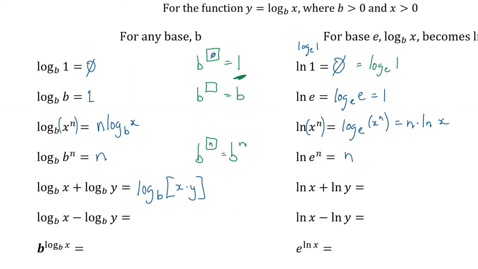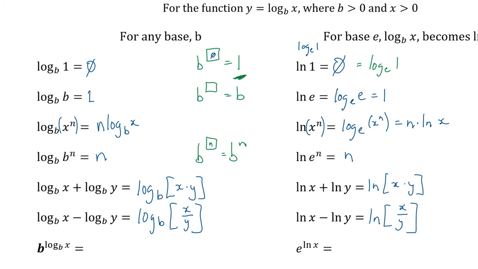And if I'm subtracting, then I get log base b of x divided by y, right? Same thing over here, ln of x plus ln of y is equal to ln of x times y. And ln of x minus ln of y is equal to ln of x divided by y.